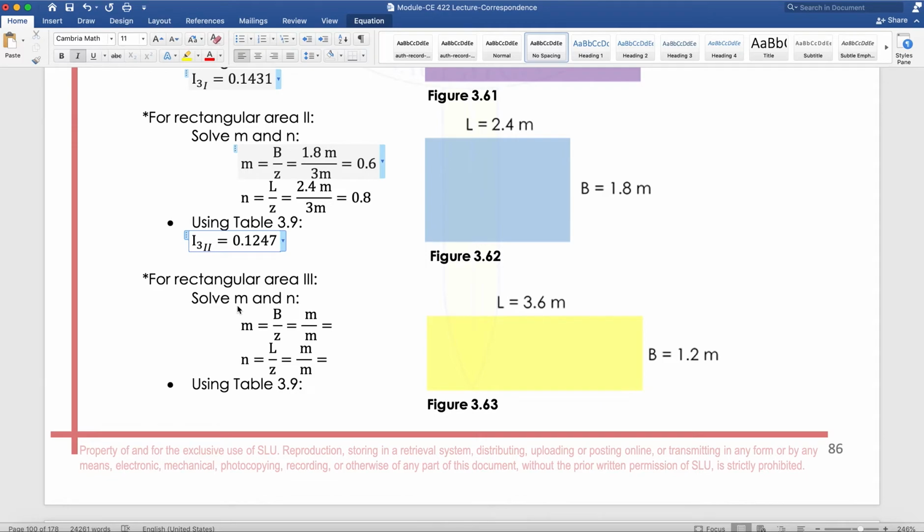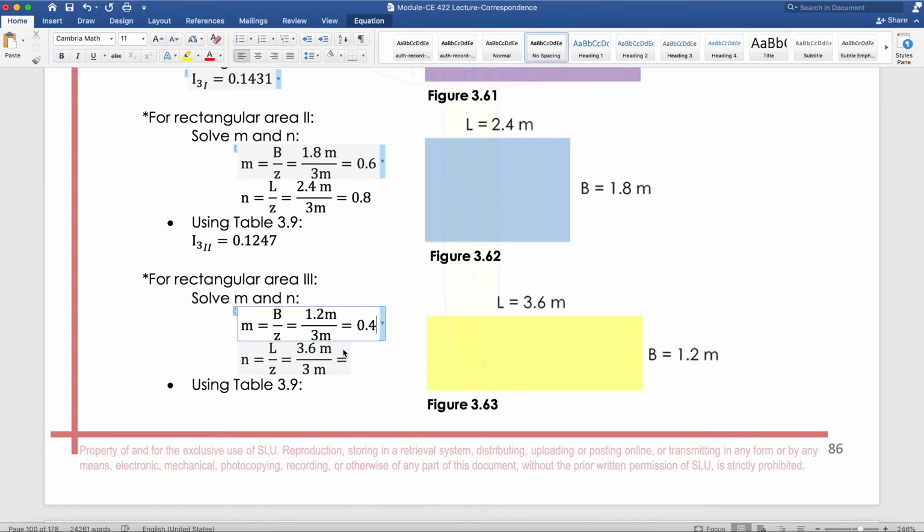Okay, next we have the third area. So we have 3.6 L. We have 3.6 divided by the Z of 3. Then dito naman, yung B natin is 1.2 divided by 3. Okay, calculate. We have 1.2, 0.4.